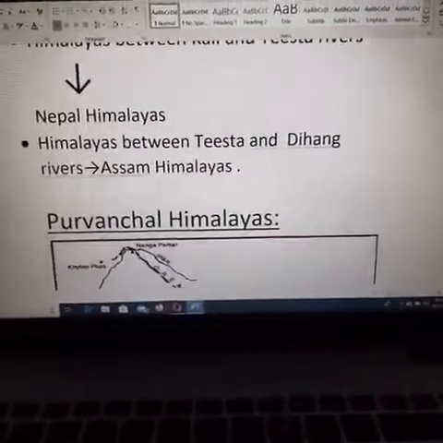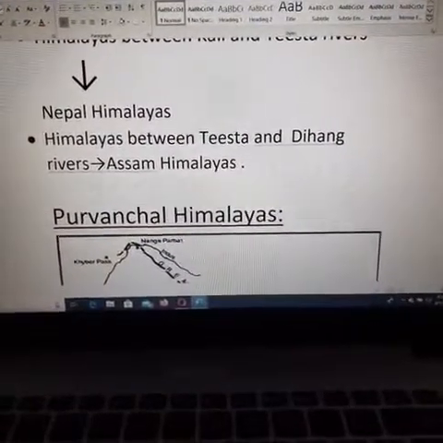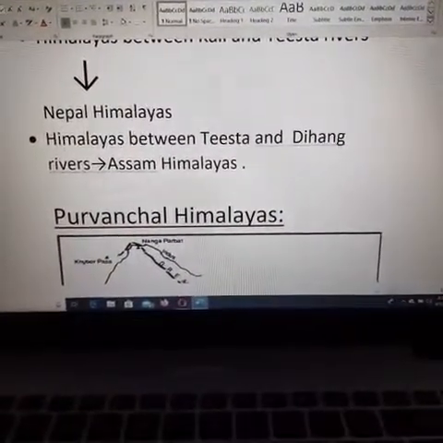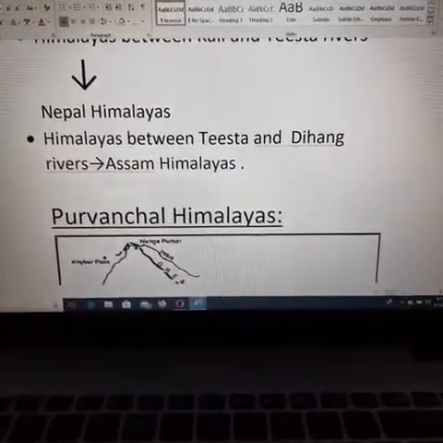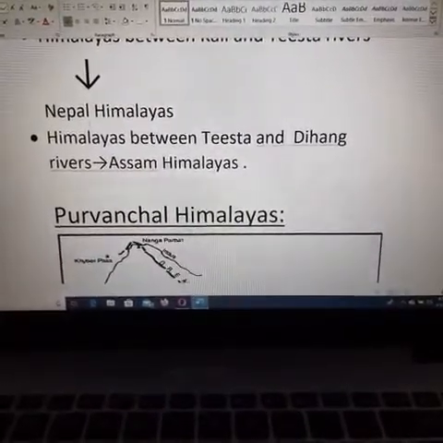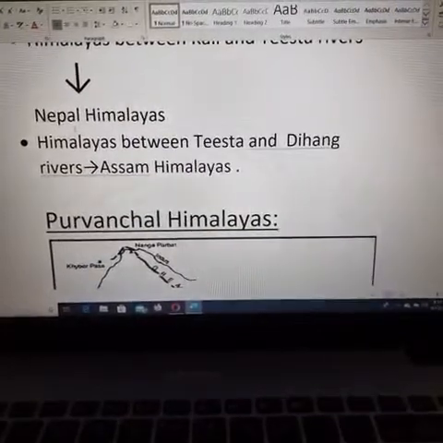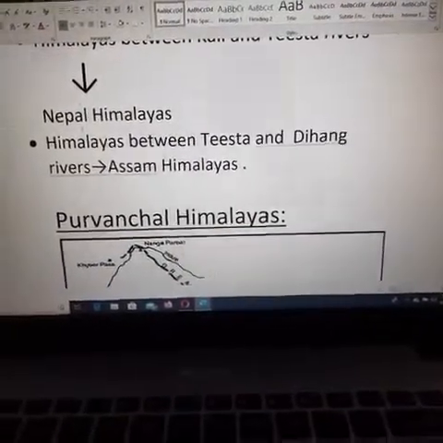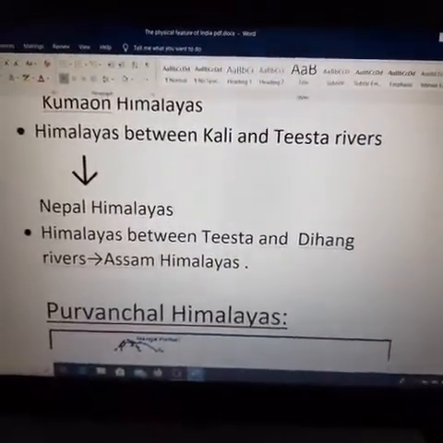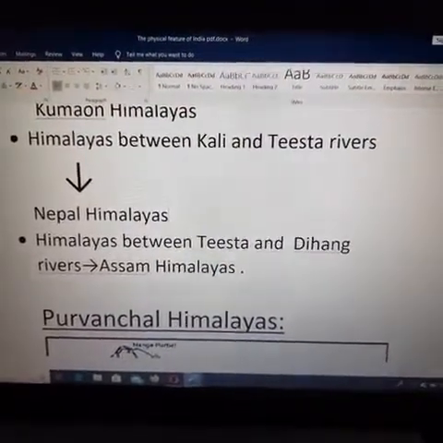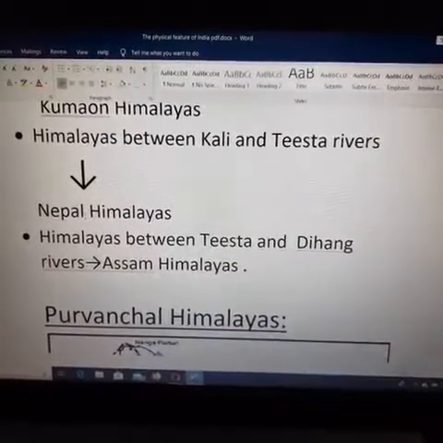And next is the Nepal Himalayas. In the Nepal, the Kali river and Tista rivers will be moving along with these mountains.